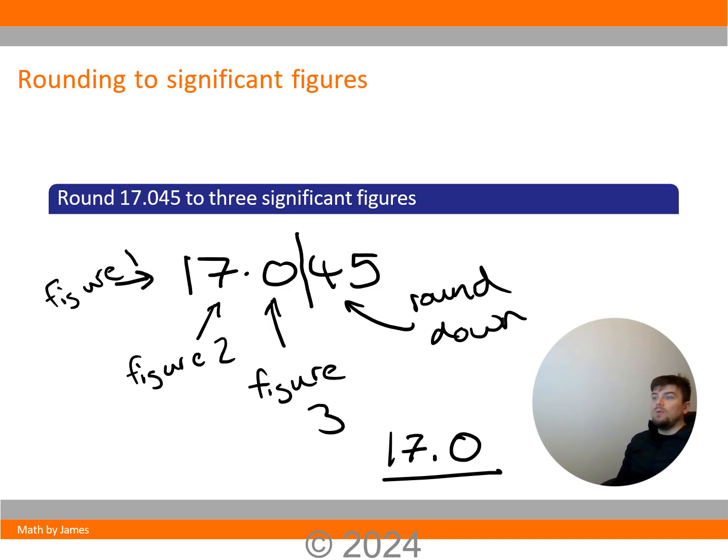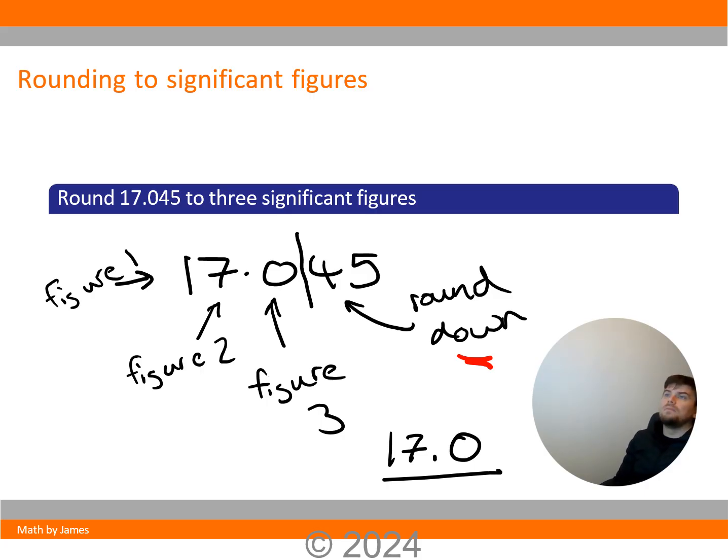So we round down because this is a 4, and that's the reason we round down, so we keep it at 17.0. If this was a 5, we'd round up to 17.1.